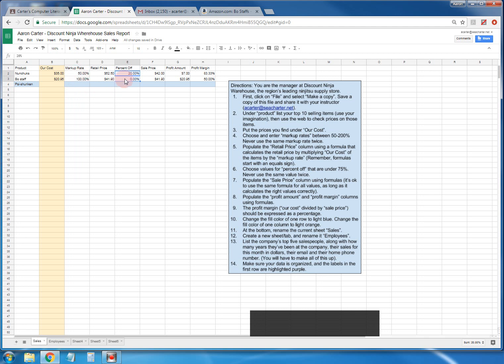And then if you need to change any one of these, let's say you decide that the bow staff is going to be part of the sale. You can type in 20 for 20%.